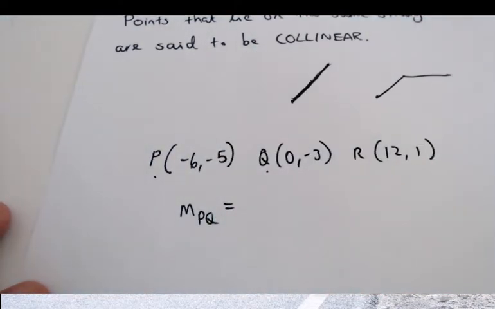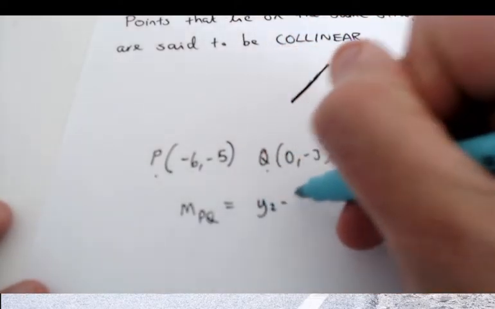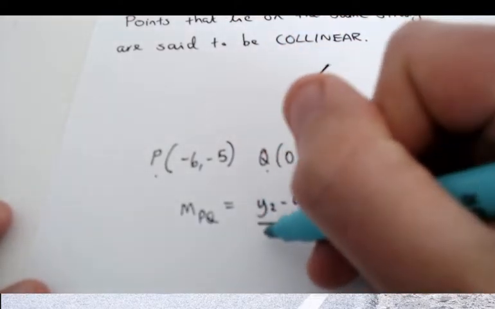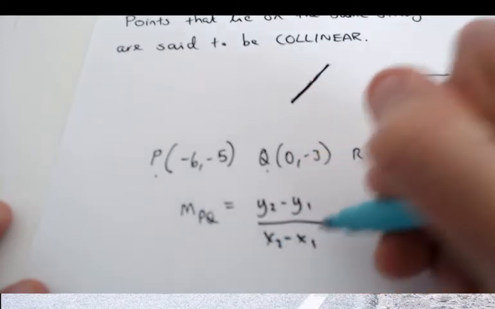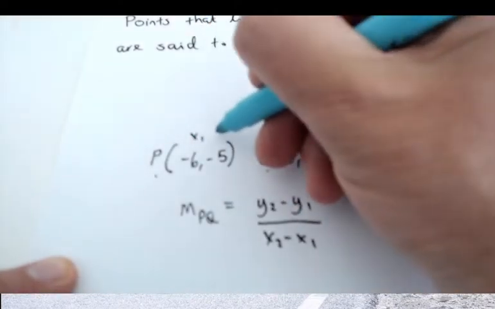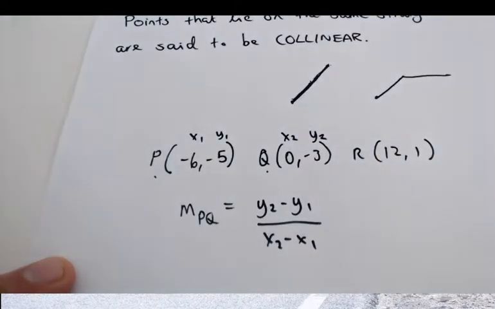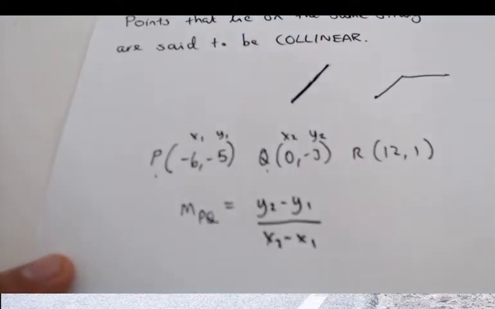So we've done the gradient formula, y2 minus y1 over x2 minus x1. I'm not going to write this formula out for every single question, because we should now be in a position where we know it. We should know how to label our points.